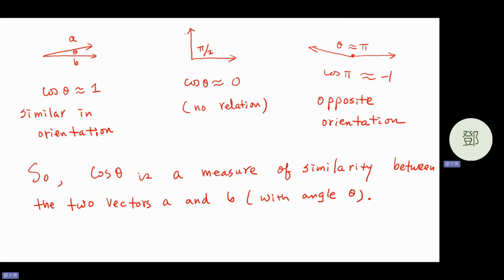So cosine theta is the measure of the similarity between two vectors A and B, where theta is the angle between A and B. Okay, so let me go to the next slide.